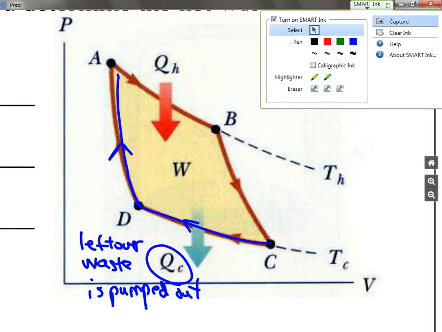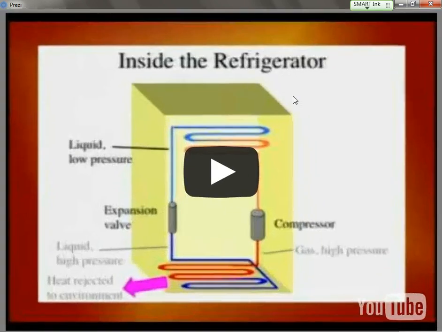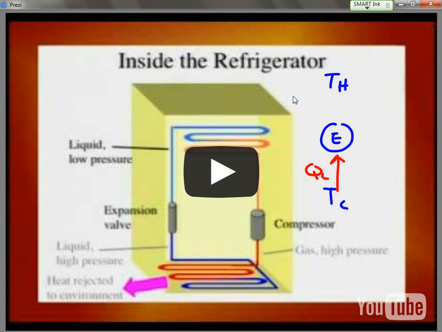If this is the diagram of a heat engine, if we were to talk about what a refrigeration system looks like, it would be the exact opposite. Now, before I start this video, before we had a picture of our high temperature and our low temperature, our cold. Okay, and of course, there's the engine in between. So a refrigeration system does the exact opposite of what a heat engine does. What it actually ends up doing, it draws the heat out of the inside of the refrigerator.